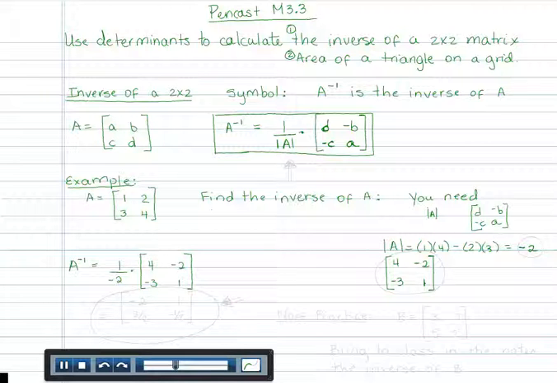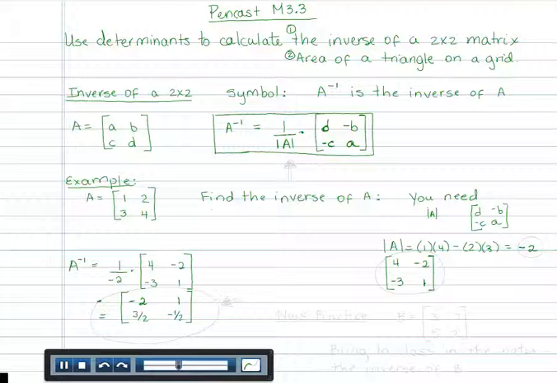You can use your calculator for this, but essentially what you're doing is dividing all of these numbers by negative 2. So 4 divided by negative 2, or 4 times negative 1/2, is negative 2. Negative 2 times negative 1/2, and use your calculator for this if you can't do it in your head, is 1. This one is going to be 3/2, and this one is going to be minus 1/2. And there you have it. That's the inverse of A.